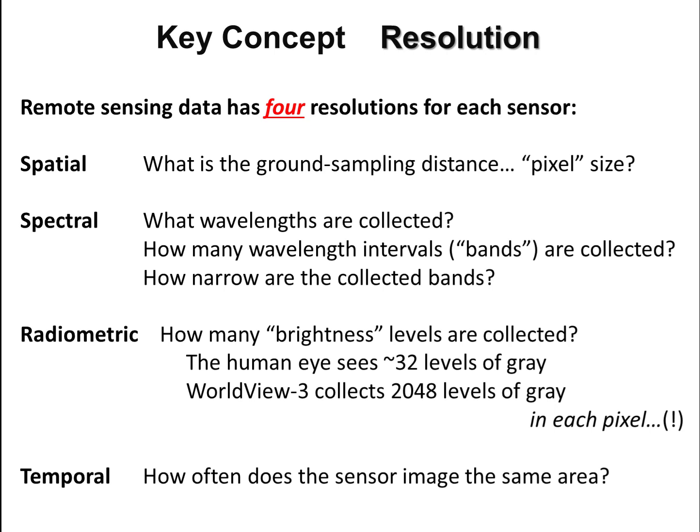Radiometric is how many brightness levels are collected. The human eye sees around 32 levels of gray, but Worldview 3, which we'll see in a couple of slides, collects 2,048 levels of gray in each pixel. And temporal: how often does the sensor image the same area?